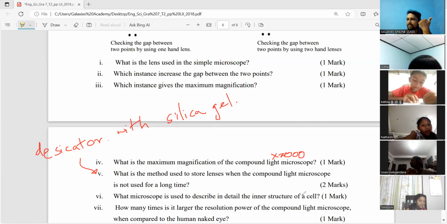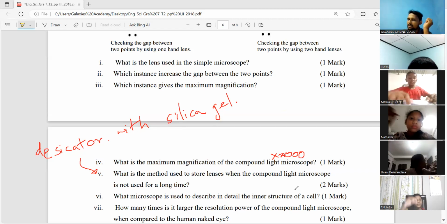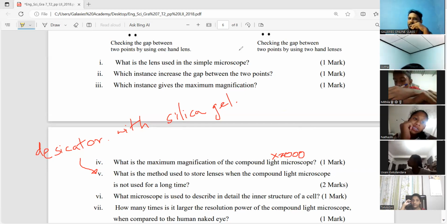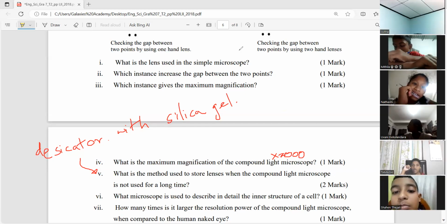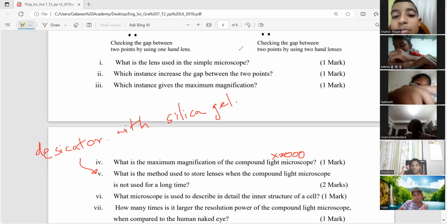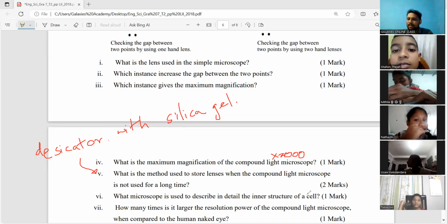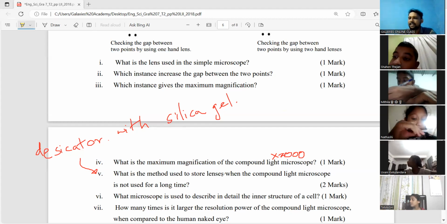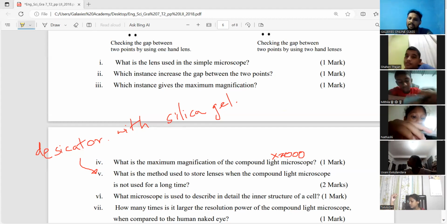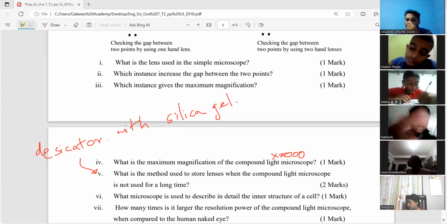Can we use the hand lenses? Using the hand lenses, we can't get the information about this. Also the compound light microscope can't. Electron microscope. Yes, electron microscope.